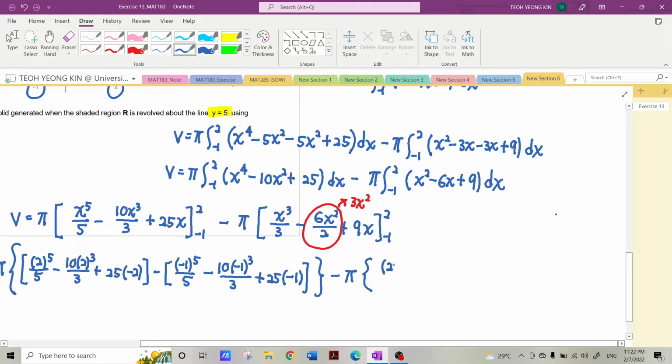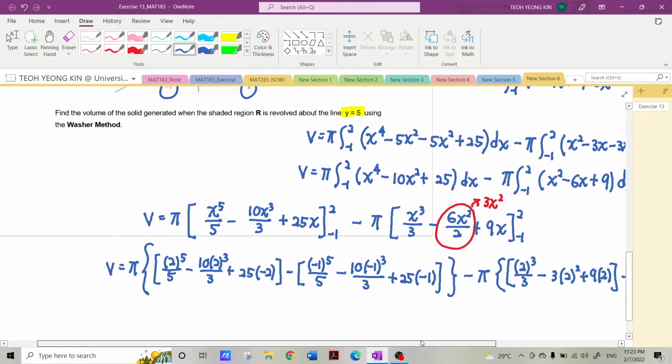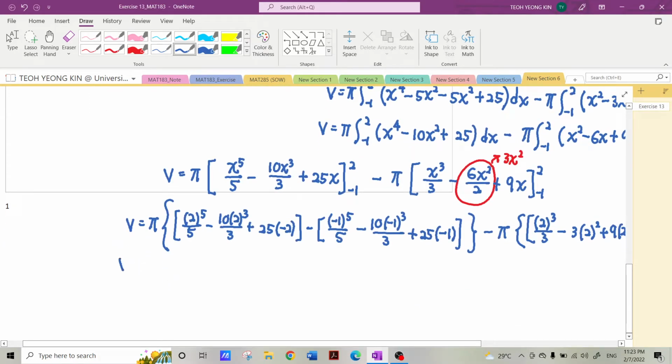First we substitute 2 power of 3 over 3 minus, this one is 3 times 2 squared, plus 9 times 2, minus, we substitute -1. -1 power of 3 over 3 minus 3 times -1 squared plus 9 times -1. So put a curly bracket. So we try to find this value.